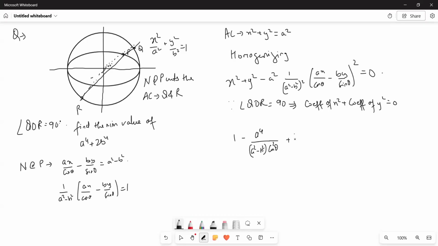And how much y square will we have? 1 minus a square b square by a square minus b square sin square theta. This must be 0. स्क्वायर भी होगा यहाँ पे, इसका भी स्क्वायर होगा. देखो मैं चेक करो, आई गेस यही होना चाहिए. दैट इज व्हाट शुड बी गेटिंग, राइट?